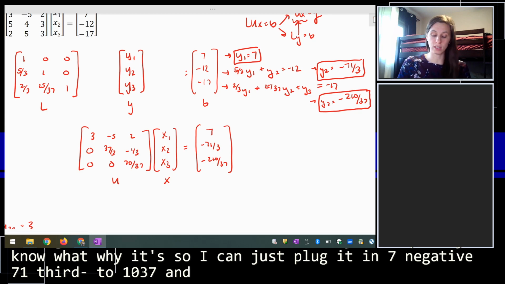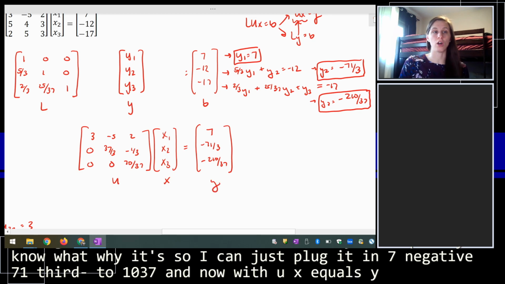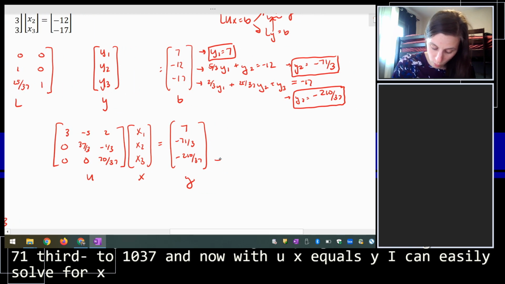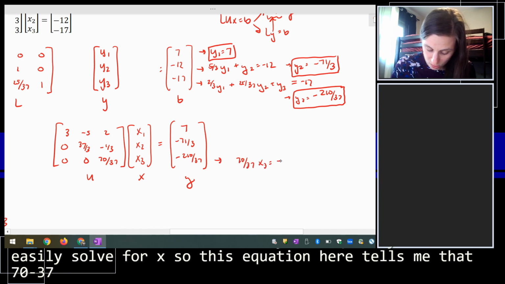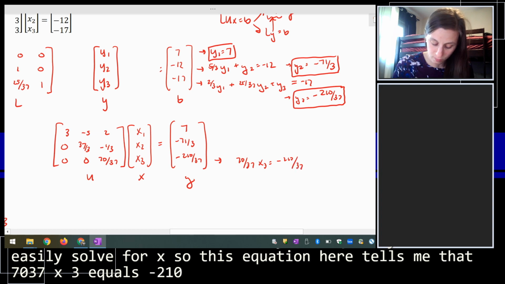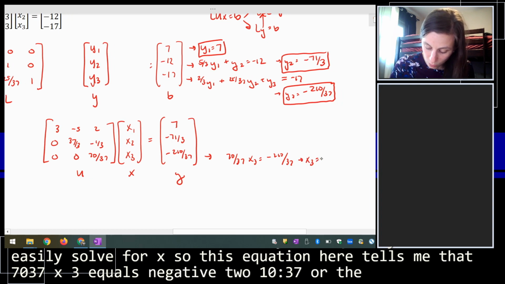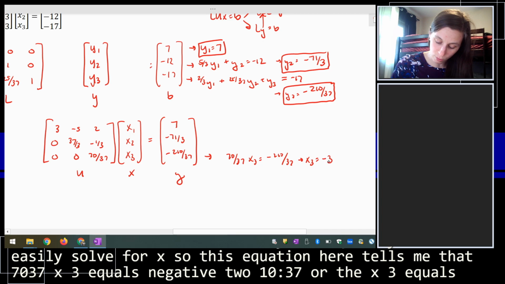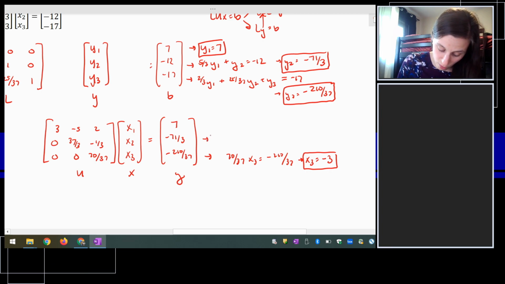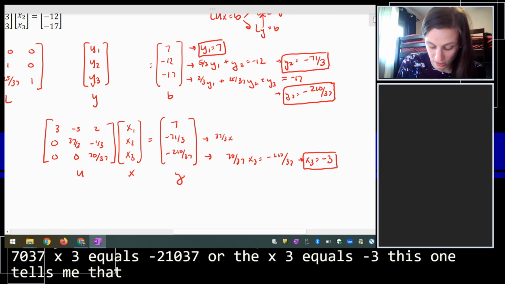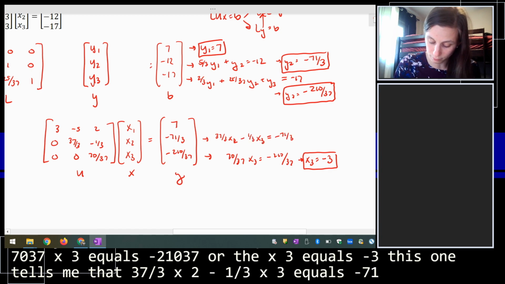And now with UX equals Y, I can easily solve for X. So this equation here tells me that 70/37 X3 equals negative 210/37, or that X3 equals negative 3. This one tells me that 37/3 X2 minus 1/3 X3 equals negative 71/3.